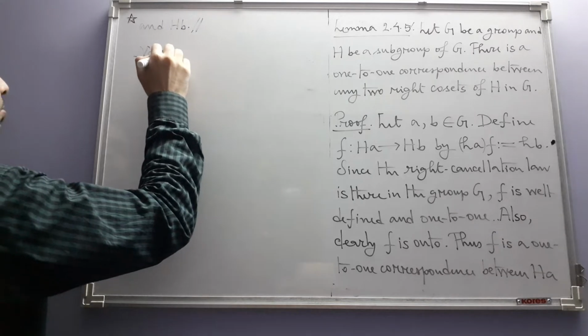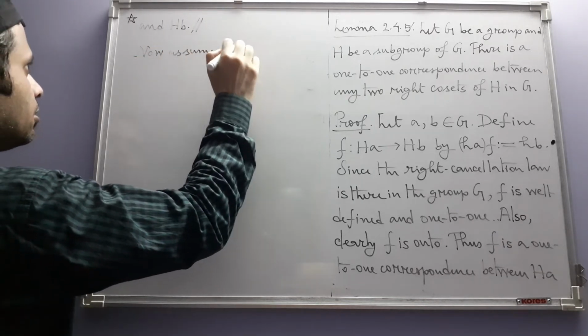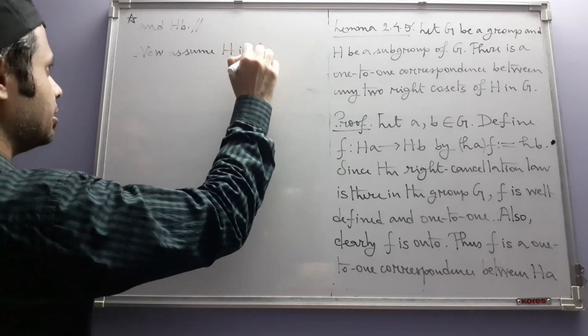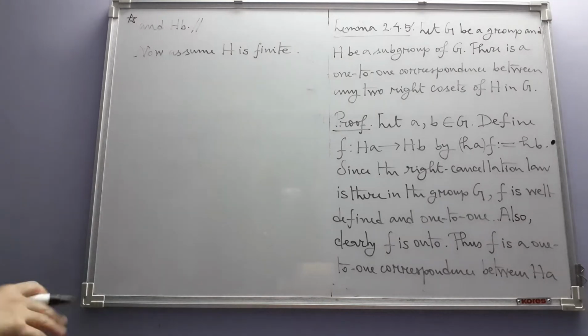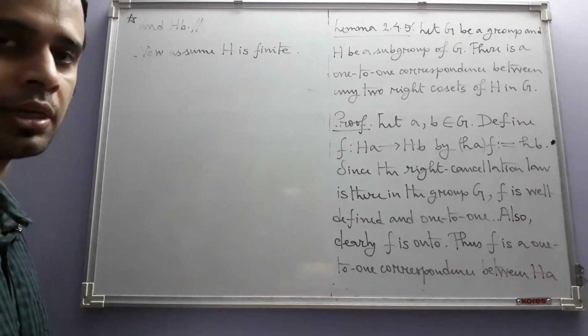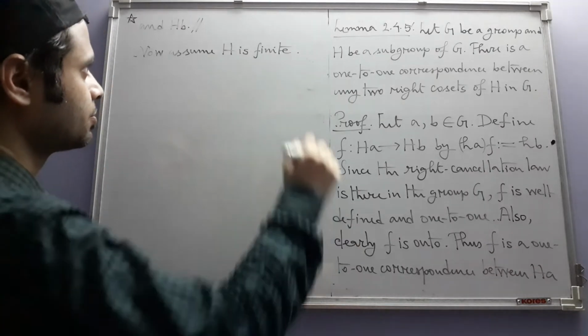Now assume H is finite. It may happen that we have stumbled upon a finite subgroup of G. H is finite.